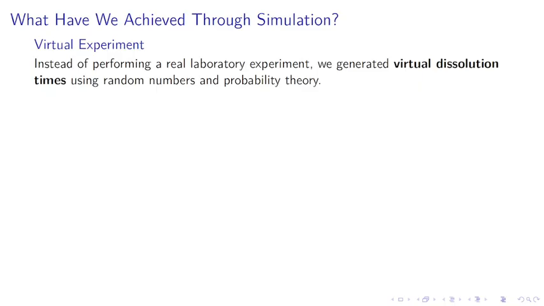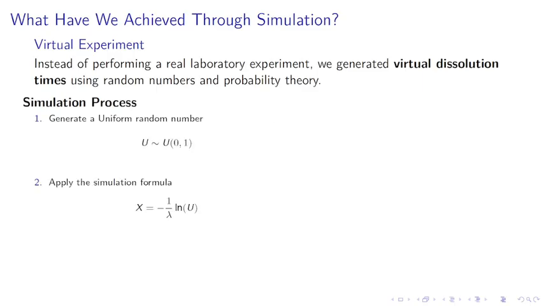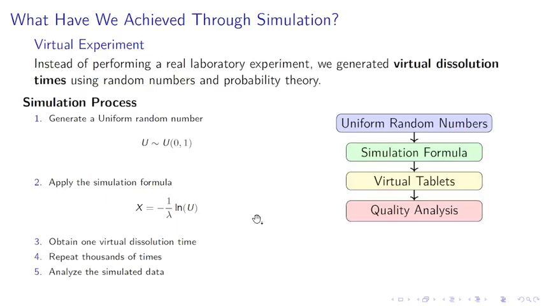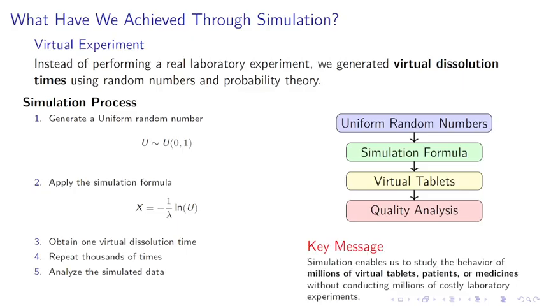Instead of performing a real laboratory experiment, we generated virtual dissolution times using random numbers and probability theory. First, generate a uniform random number, apply the simulation formula, obtain one virtual dissolution time, repeat thousands of times, and analyze the simulated data. This is the procedure of simulation of random numbers in pharmaceutical companies.